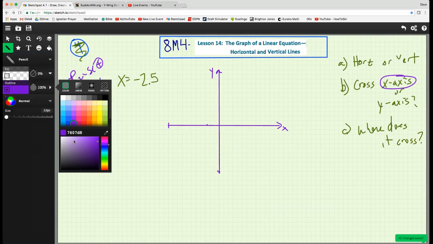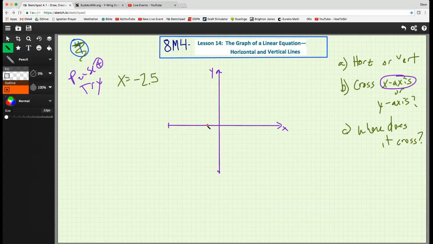Let's choose a different color. Let's choose to do it in orange. -2.5. So it crosses at -2.5, 0. Easier to read, negative 2.5, comma 0.